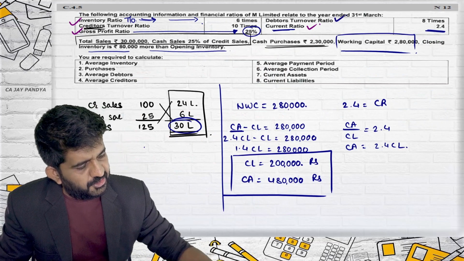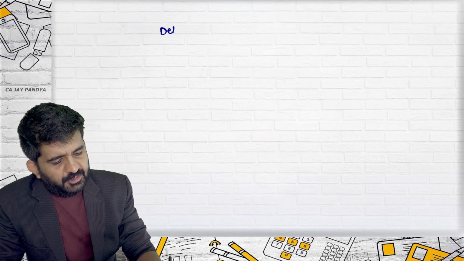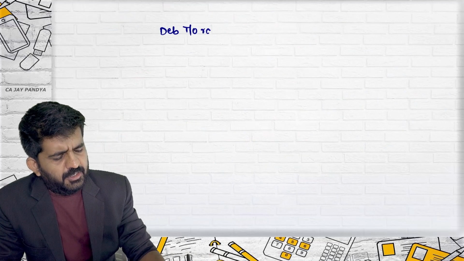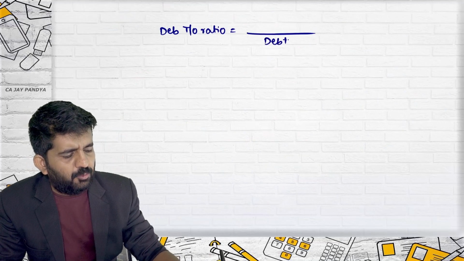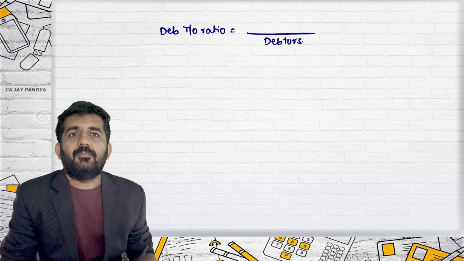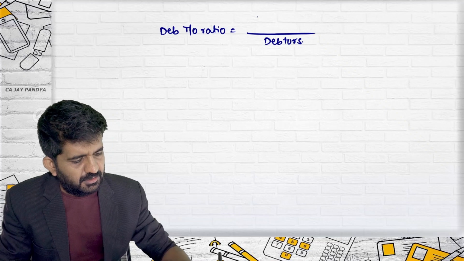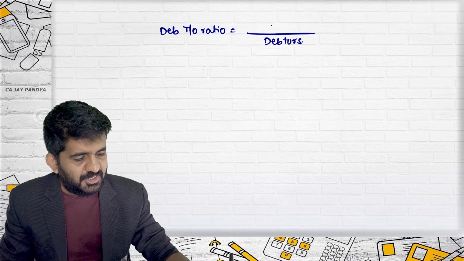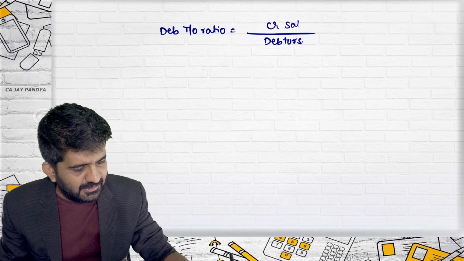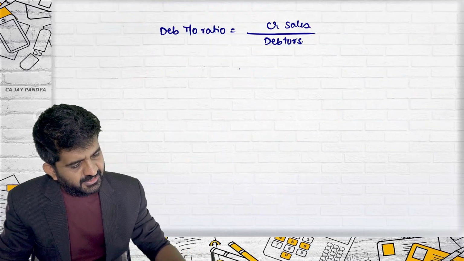Last, debtors turnover ratio. What will be in the denominator? Debtors or average debtors. You can take debtors, you can take average debtors. Normally it is average debtors. In the numerator, you cannot write sales or COGS. You need to write credit sales. Debtors turnover ratio is 8 times.